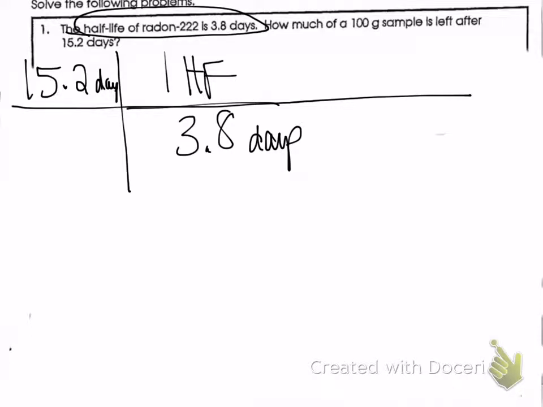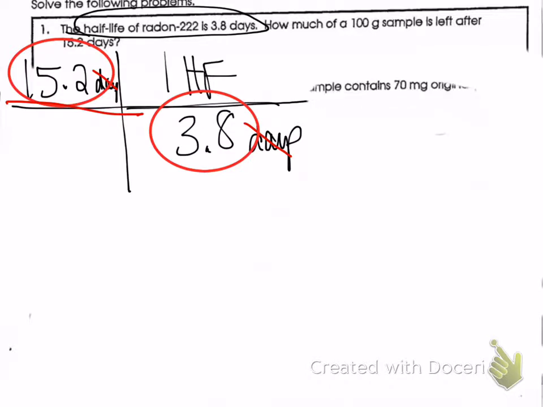So if you remember, we have days on top, days on the bottom. The days end up canceling and we end up in half-lives. So you will divide 15.2 by 3.8, and you're going to get 4 half-lives.